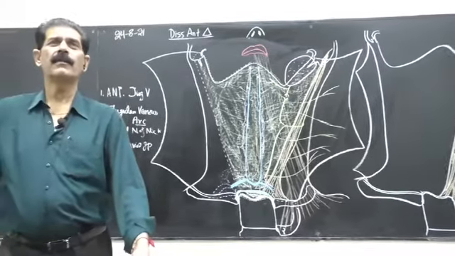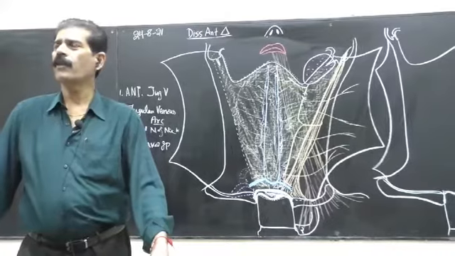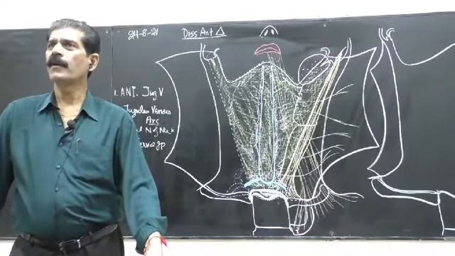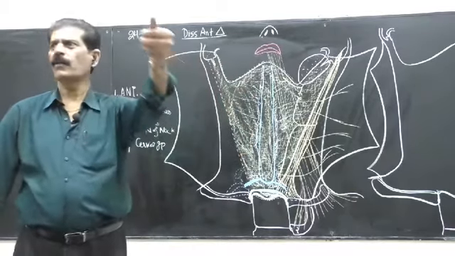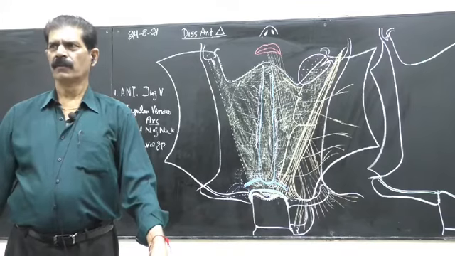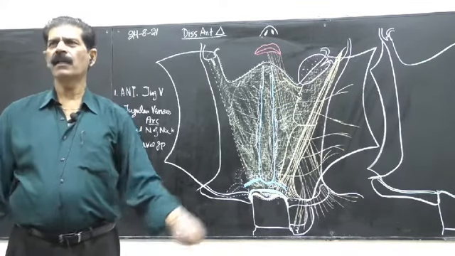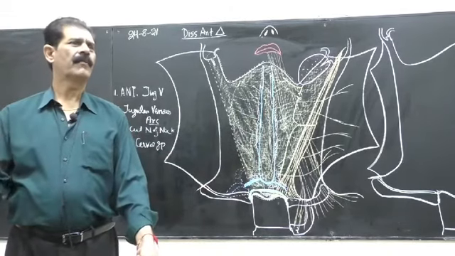After supplying all the muscles of the face, it also supplies the skin of the anterior triangle after communicating with the ascending branch. So this diagram shows many things. So make it in your full page diagram. Whenever you have to revise the anterior triangle, just see the diagram, page by page, 1, 2, 3, and everything will be clear.